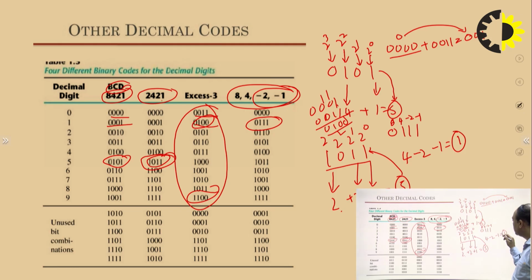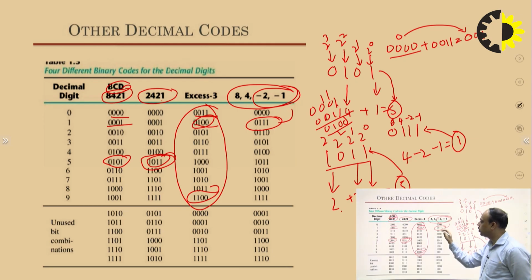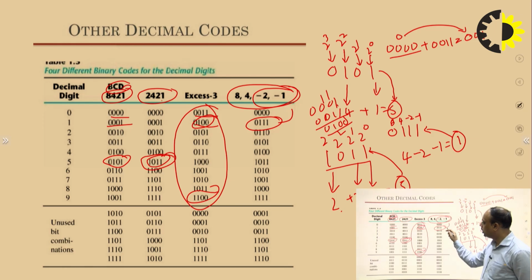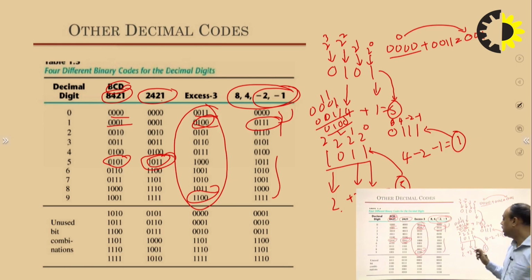So the binary code of 1 in 84 minus 2 minus 1 code is equal to 0110. In this way, we can represent all the numbers from 0 to 9 according to the weights assigned to these bits.